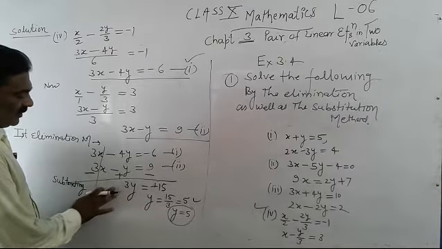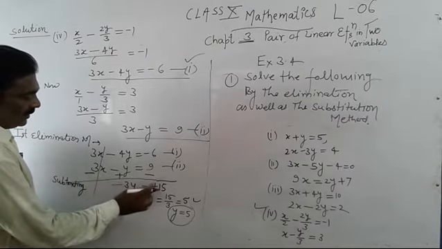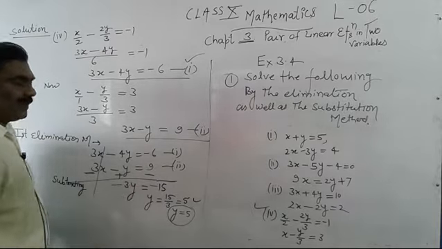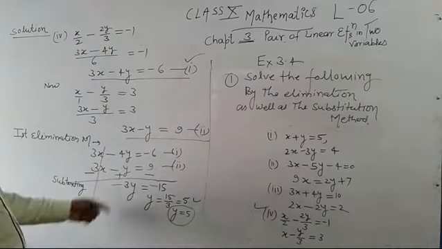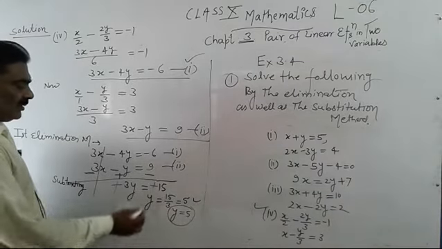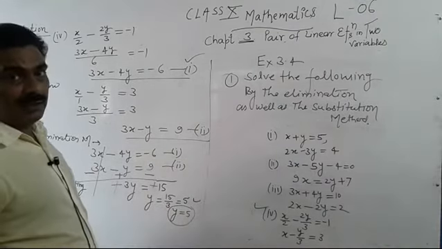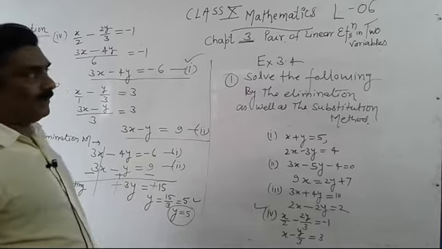Here you see minus 3y and here minus 15. Now after cancelling minus, it becomes 15 upon 3, and y is equal to 5.